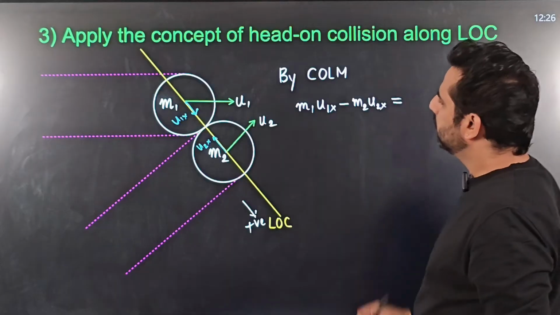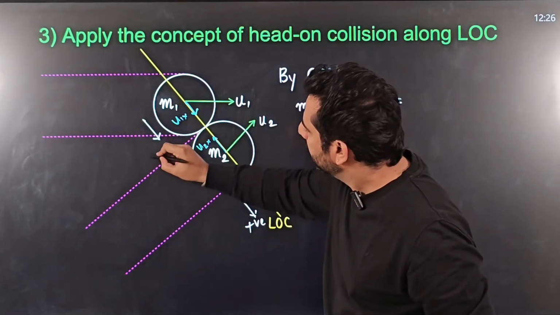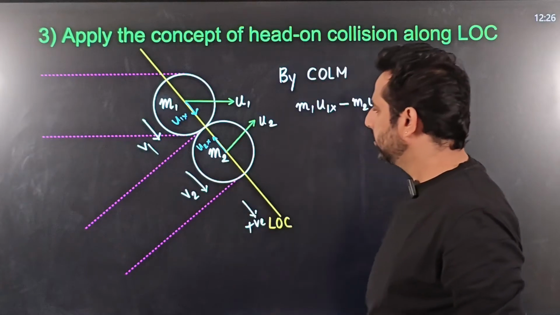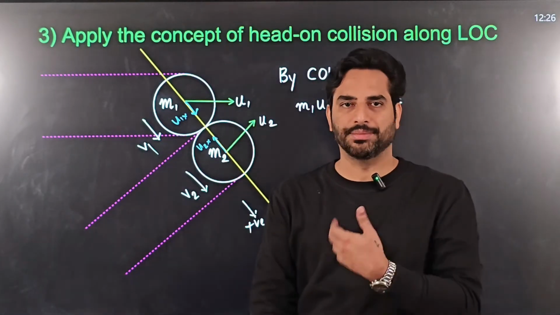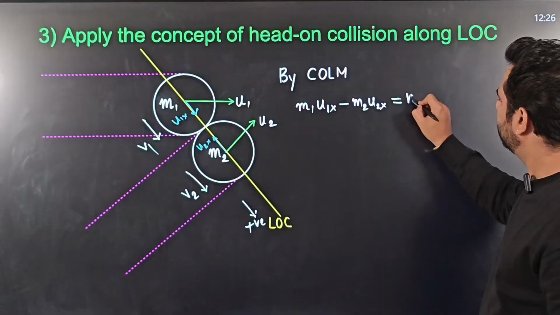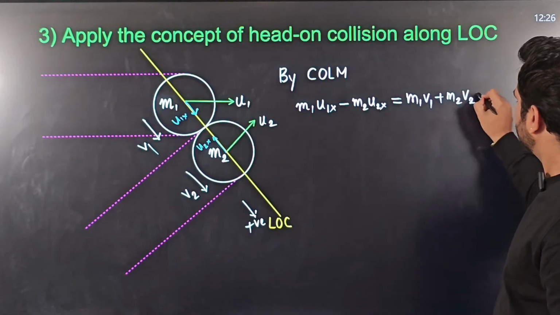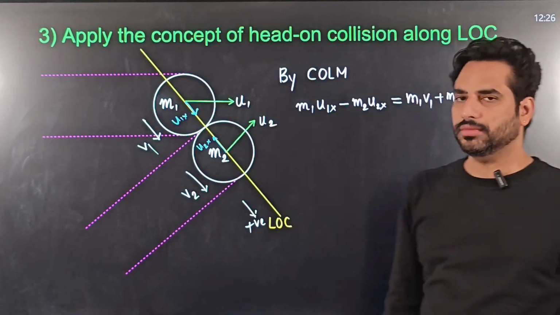That is equal to, let me say finally, M1 gets velocity V1 after collision, M2 gets velocity V2. We are supposed to find V1 and V2 in step 3. So final momentum of the system, that is M1 V1 plus M2 V2. This is the first equation.